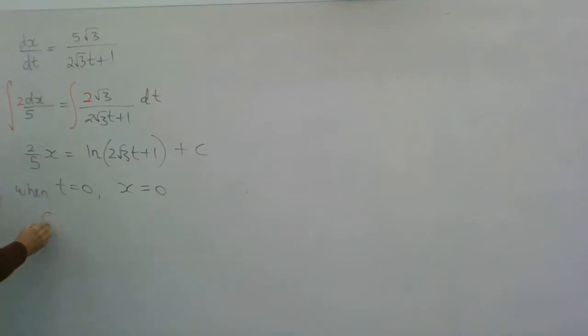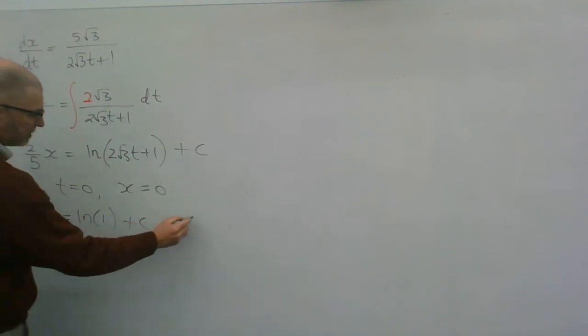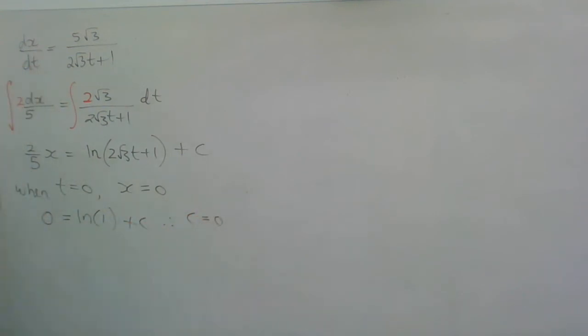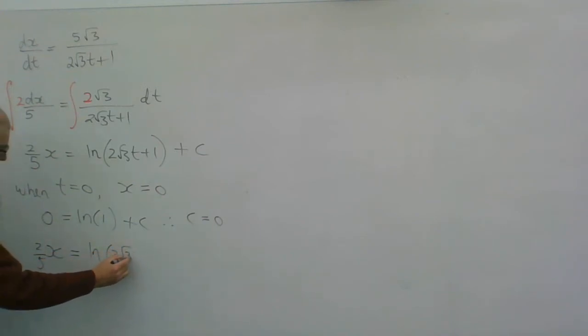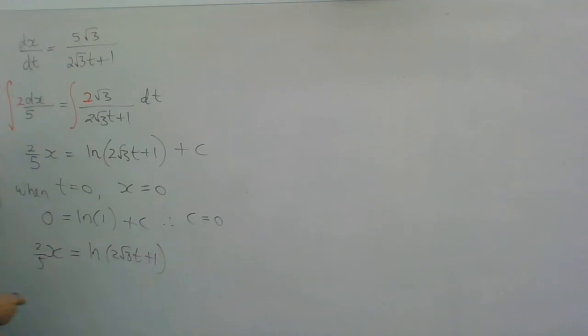So we get 0 equals natural log of 1, which is 0. So therefore c is 0. So I actually get an equation for the displacement horizontally that's 2/5 x equals natural log of 2 root 3 t plus 1.